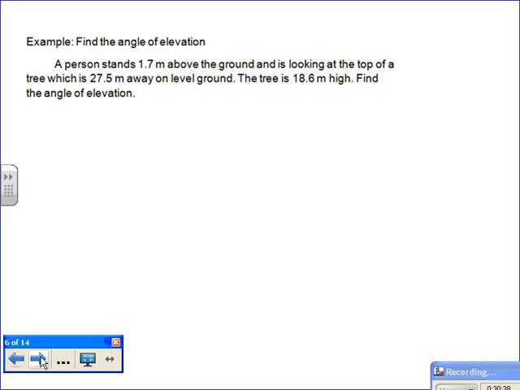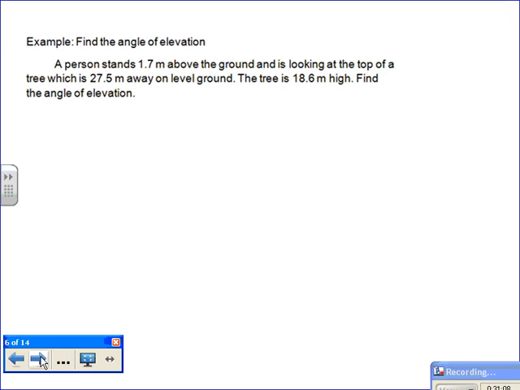It says a person stands 1.7 meters above the ground. Okay, so above, vertically off the ground. Maybe they're standing on a ladder. And the person is looking at the top of a tree, which is 27.5 meters away from where they are on level ground. Okay, the tree is 18.6 meters high. Find the angle of elevation.